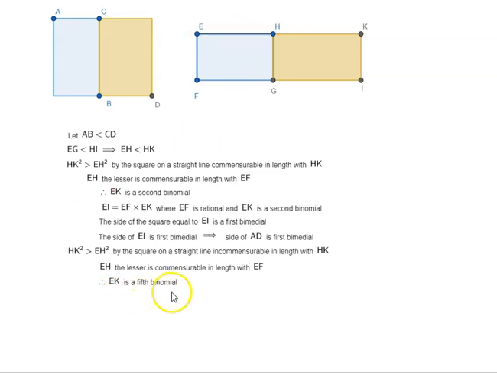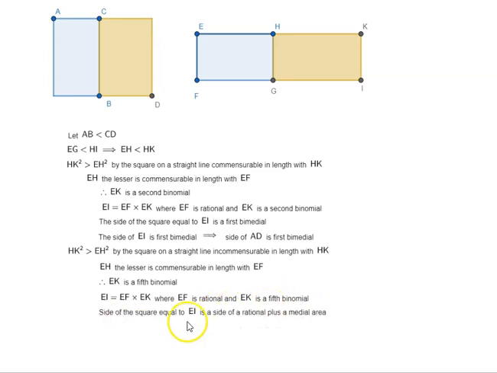So we can say EK is a fifth binomial. And the rectangle contained by EF and EK, where EF is rational and EK is a fifth binomial, so the side of the square equal to EI is a side of a rational plus a medial area, which means the side of AD is a side of a rational plus a medial area.